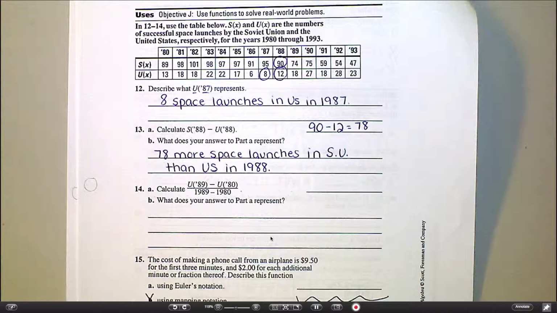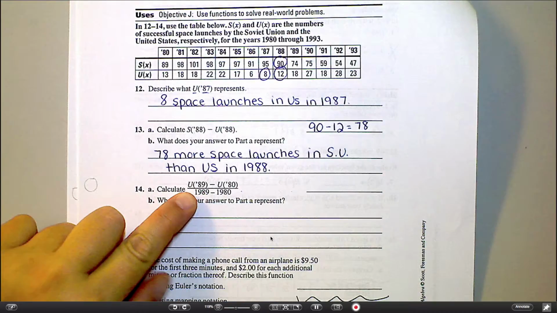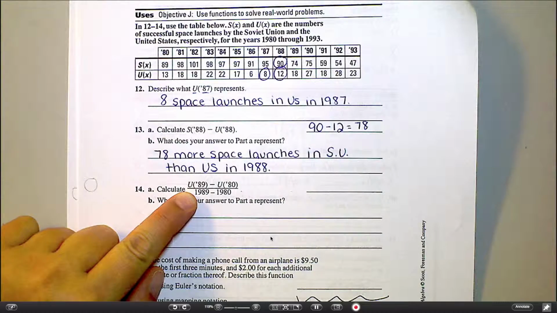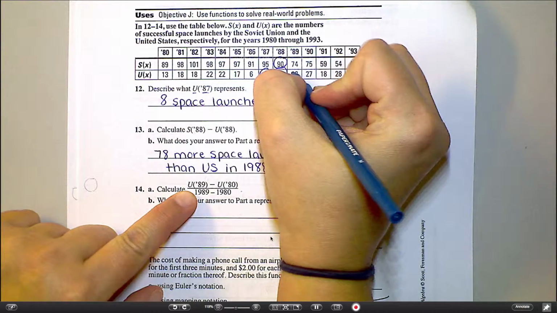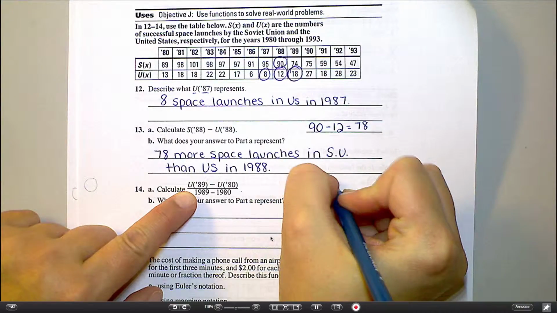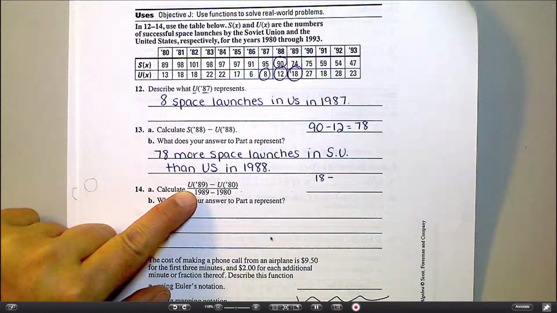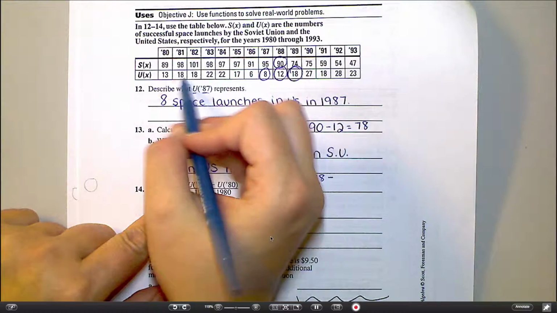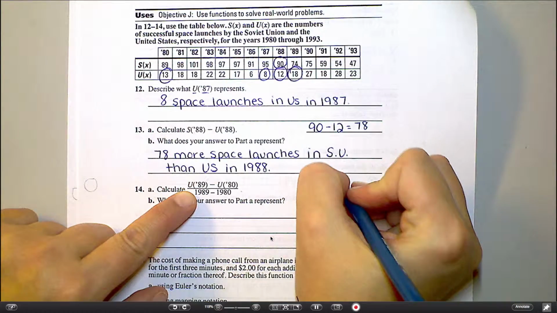All right, now let's calculate this next one. And this next one, again, be very literal. This is math class, okay? What is U of 89? Okay, so this is 18. What is U of 80? 13. Where is it? There we go. 13.